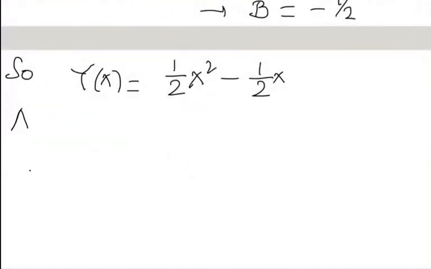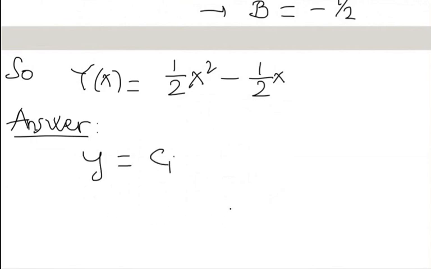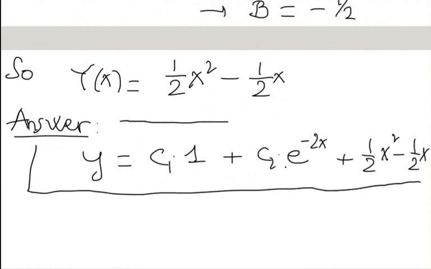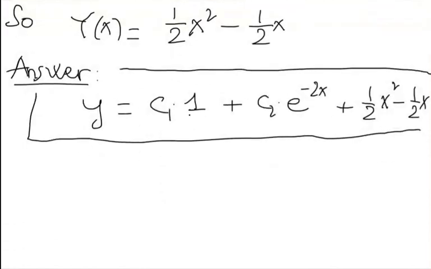And then the general solution, y equals c1 y1, but remember, y1 is 1, plus c2 y2, e to the negative 2x, plus capital Y, which is a half x squared minus a half of x. For this example, we don't have any initial condition, but if we do, then we need to use the initial condition to determine c1 and c2.